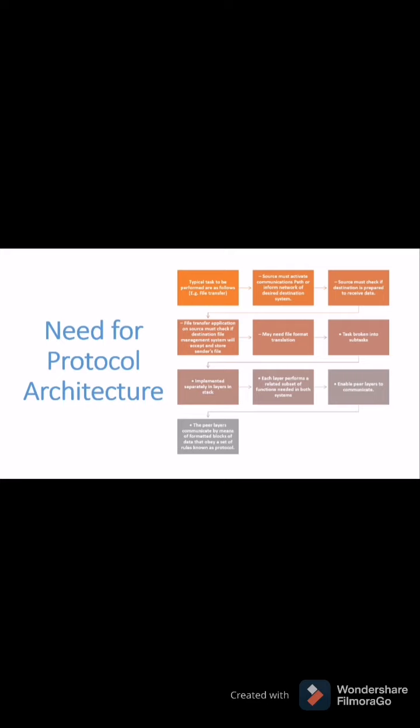Typical tasks to perform are as follows: file transfer, source must activate communication path, source must check if destination is prepared to receive data, and in the file transfer application the source must check if the destination file management system will accept and store the sender's files, and may need file format translation. Tasks are broken into subtasks, implemented in a layer stack, each layer performs a related subset, enabling peer layers to communicate.